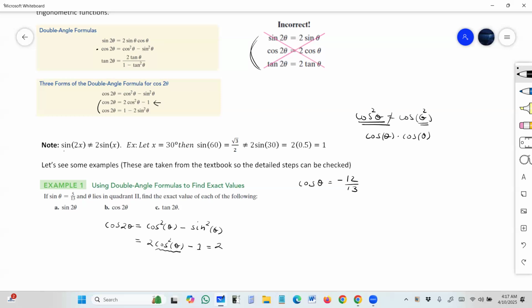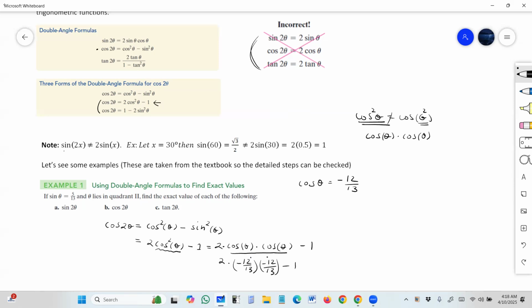So this is 2 times cosine of theta times cosine of theta, minus 1. So I have to do that first. So this is negative 12 over 13, negative 12 over 13, minus 1.